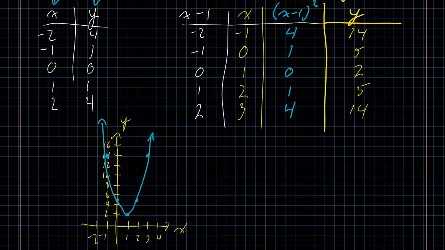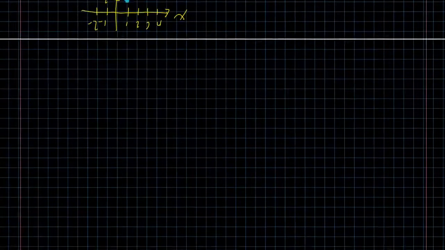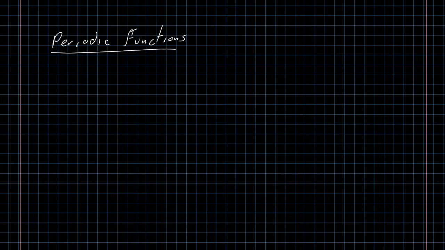Another interesting thing that happens with transformations shows up in our periodic functions. So a periodic function, and for historic reasons, when we talk about the period of a function, we usually use the Greek letter tau, which kind of is pi, but with one leg instead of two.